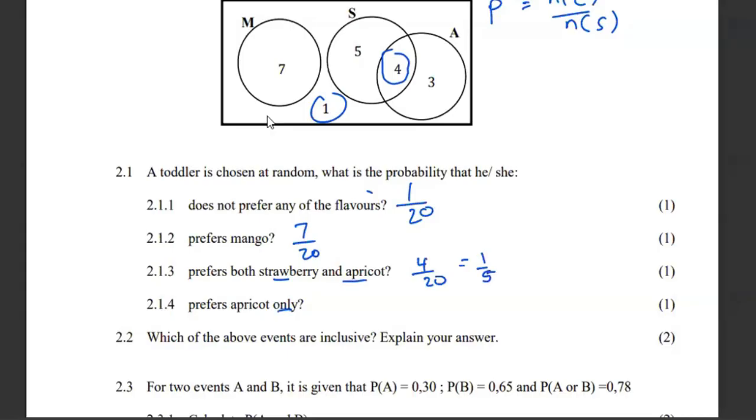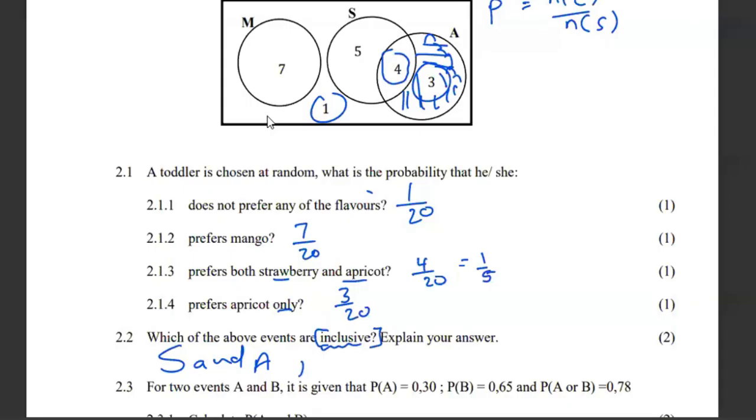Then prefers apricot only. Apricot only is this section where there is no intersection, just apricot alone, which is 3 over 20. Then, which of the above events are inclusive? Inclusive simply means that there has to be an intersection, a meeting ground for those events or flavors, and that's going to be S and A, strawberry and apricot.